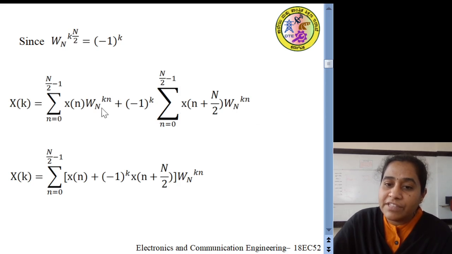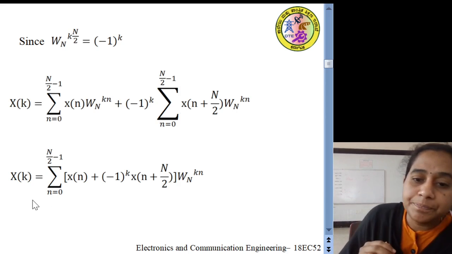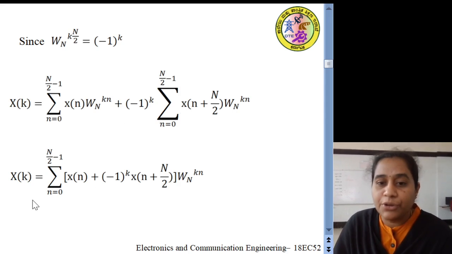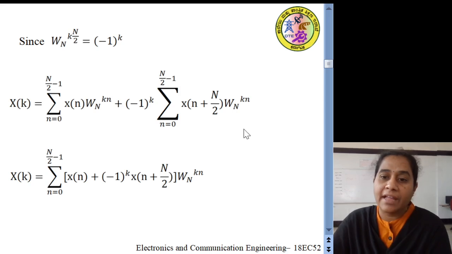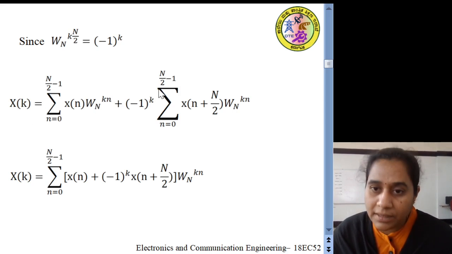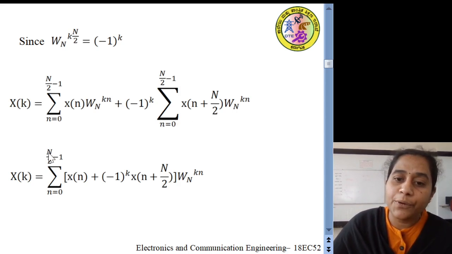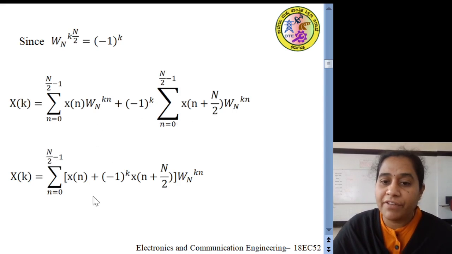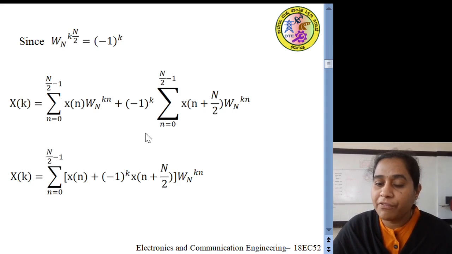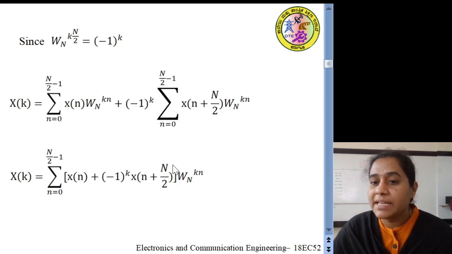Further, if we simplify this, we obtain X of k as summation n varying from 0 to N by 2 minus 1, since the summation limits are the same in both terms, x of n plus (-1) raised to the power of k into x of n plus N by 2, whole thing multiplied by WN raised to the power of kn.